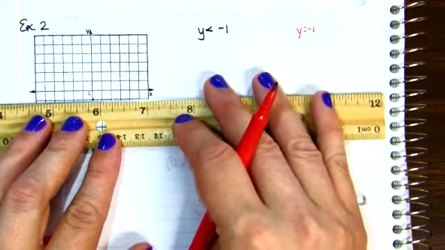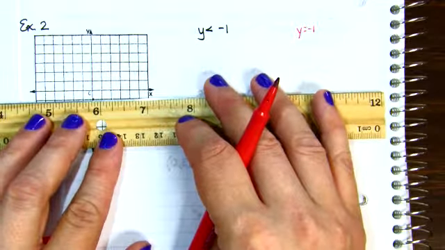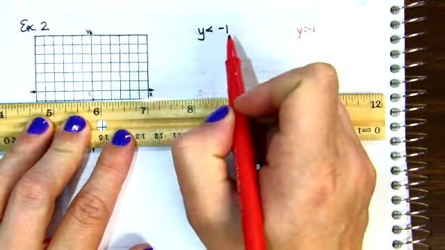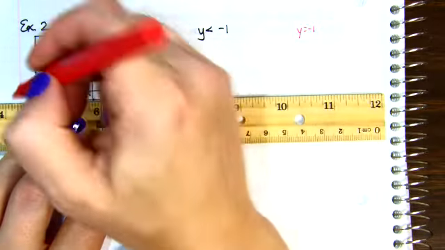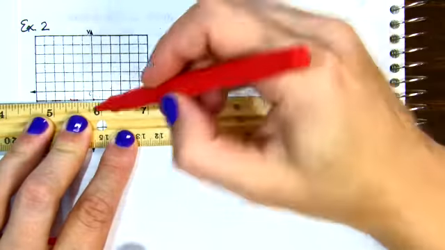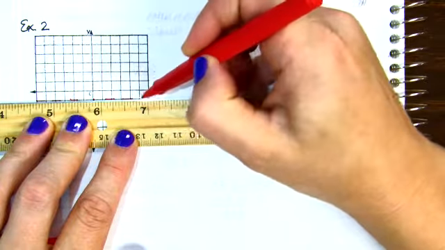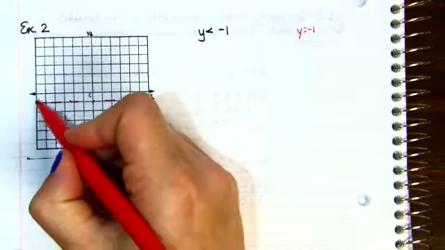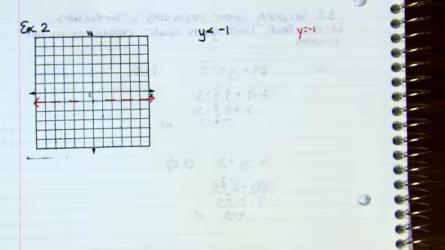I'm going to do my graph the same way that I would if this were an equation, except in this case, this is y is less than -1, which means my line needs to be dashed. Hopefully you can see that. I drew a dashed line right there at y equals -1.